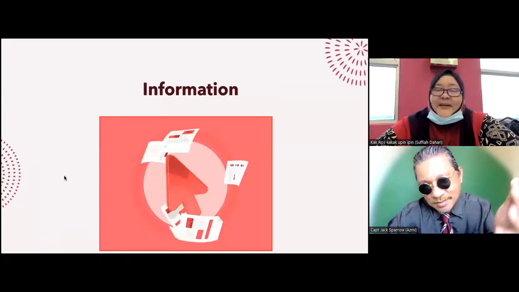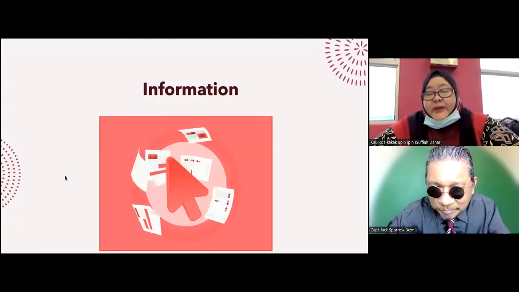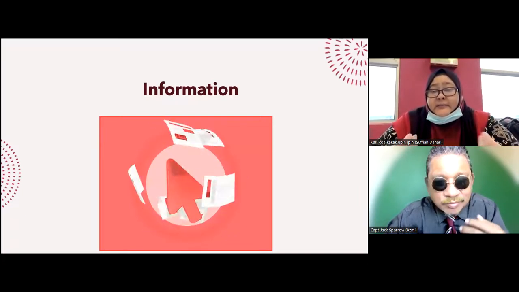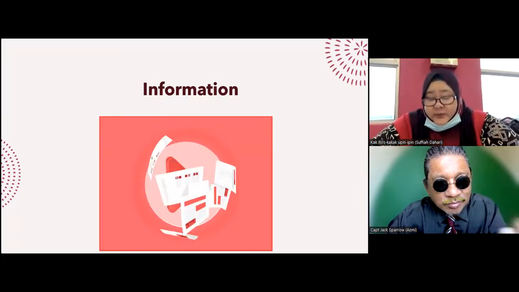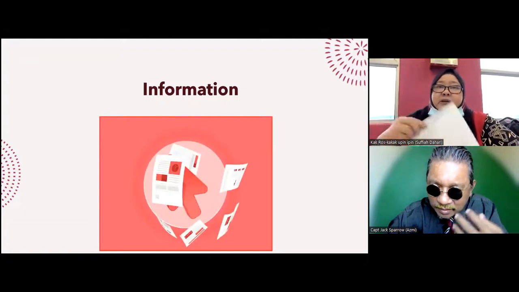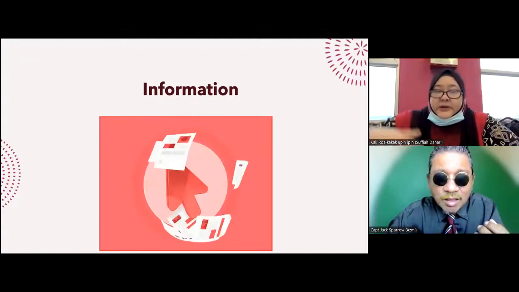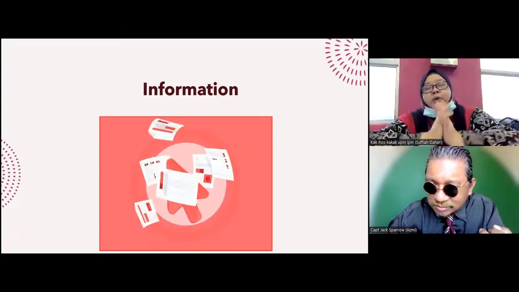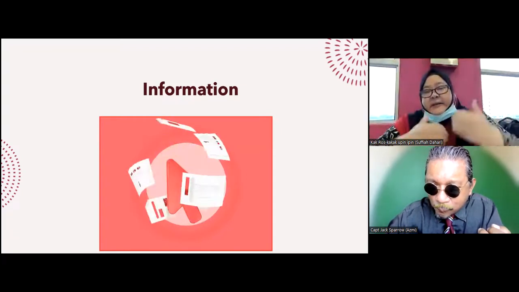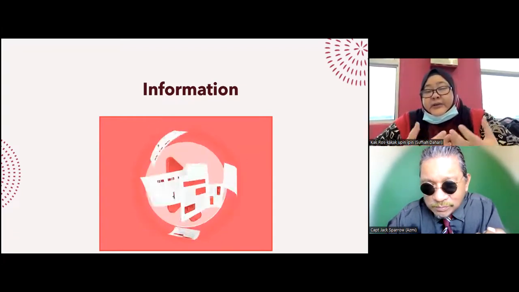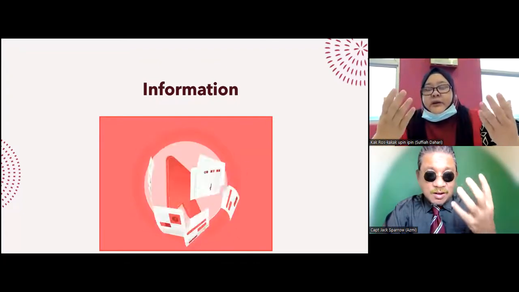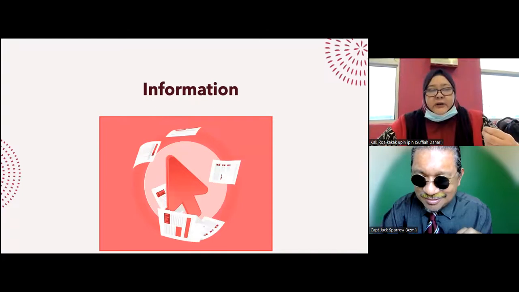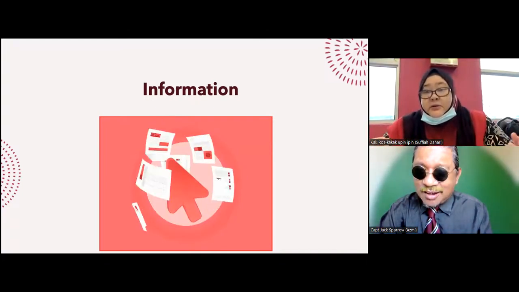So let me share with you the benefits of reading. Information. When you read anything, it gives you what interests you most. For example, let's say you read about the Taj Mahal. It brings you to India. When you read word by word, sentence by sentence, it brings you to really feel like you are in India already, knowing about the Taj Mahal, knowing about the love of Shah Jahan.